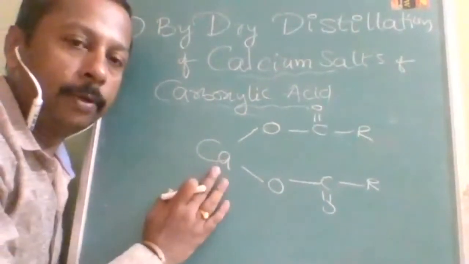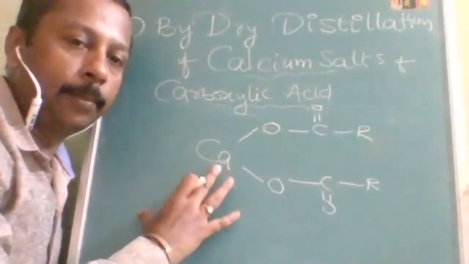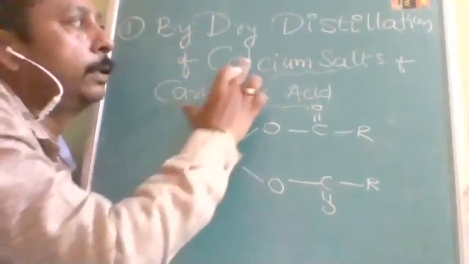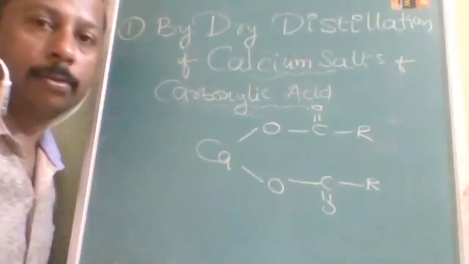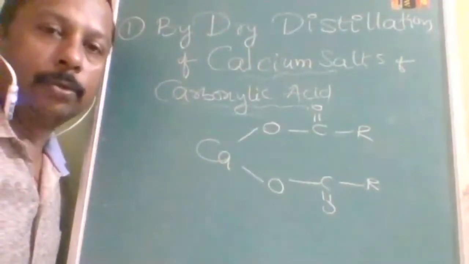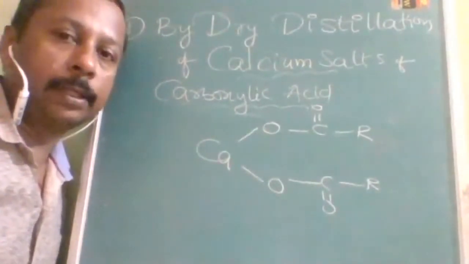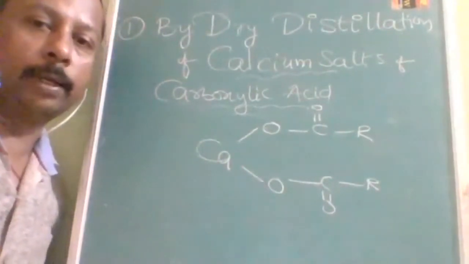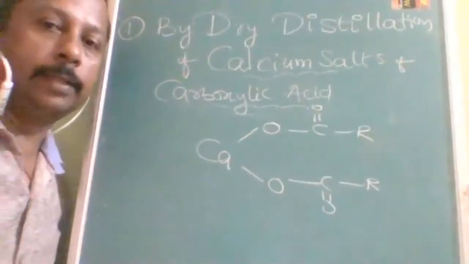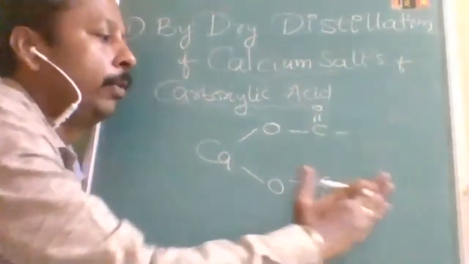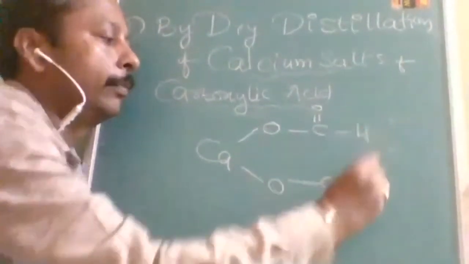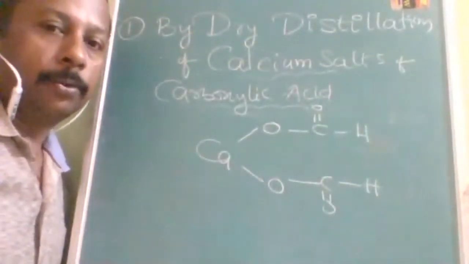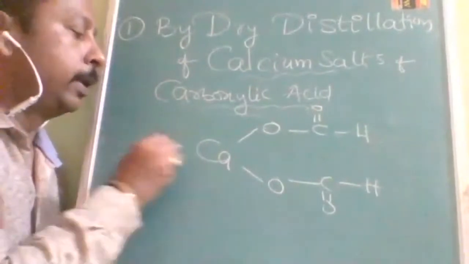Unless you have proper information regarding the structure of the carboxylic acid, this topic is very difficult to understand. So, dry distillation of calcium salts of carboxylic acid. The first example I am going to take is a very simple example, where R is hydrogen.